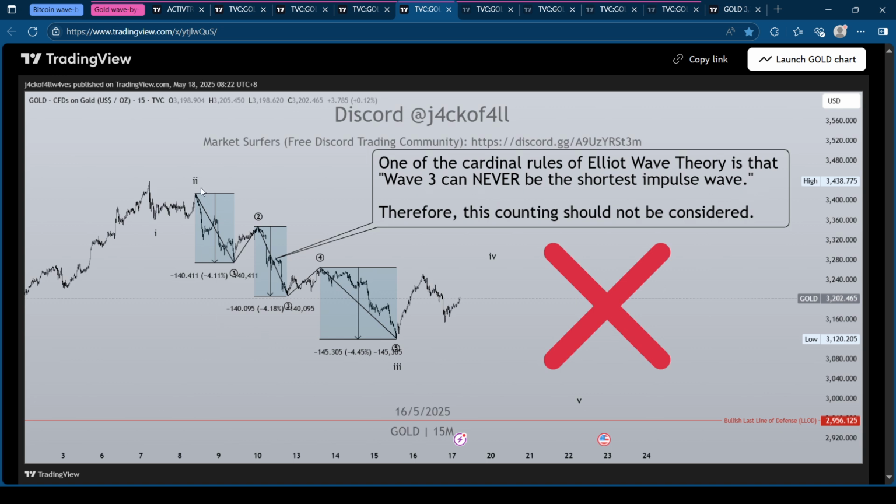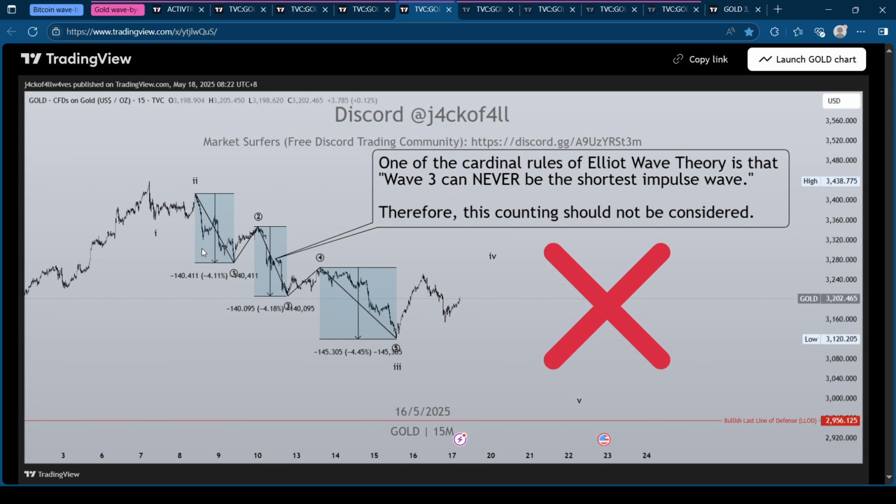Now, if we try to look at this particular counting, if you count this as wave 1, wave 3, and the encircled wave 1, 2, 3, 4, 5 will be the internal waves of your Roman numeral 3, and then you're expecting a fourth wave bounce, at least 3 waves, and then going down, you have to go back to the cardinal rule of Elliott wave theory. And what is that? Wave 3 can never be the shortest impulse wave.